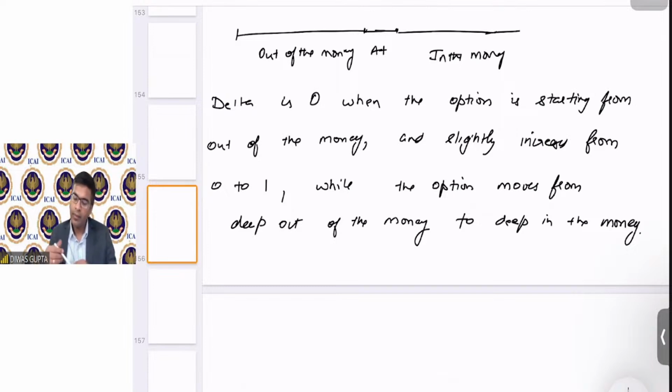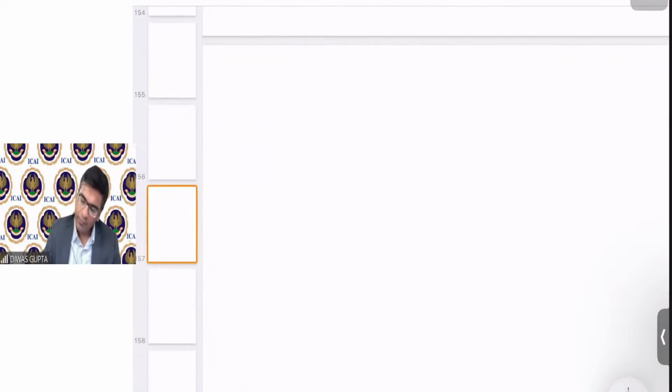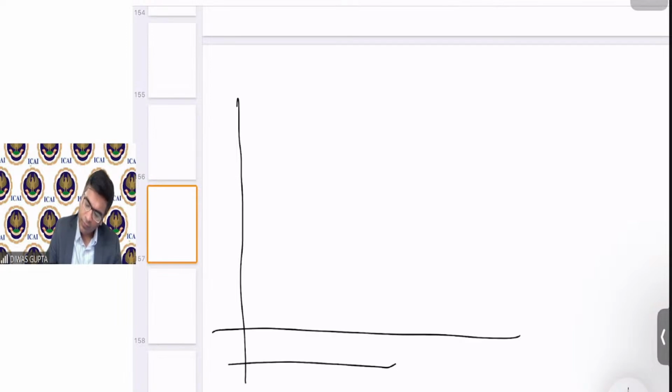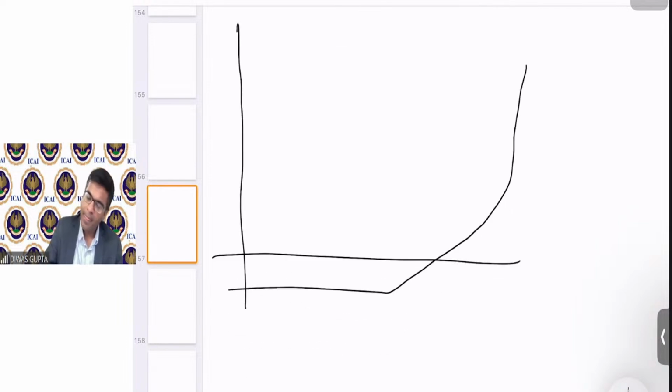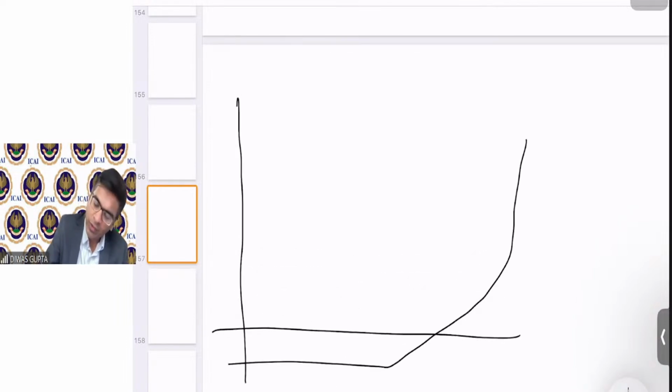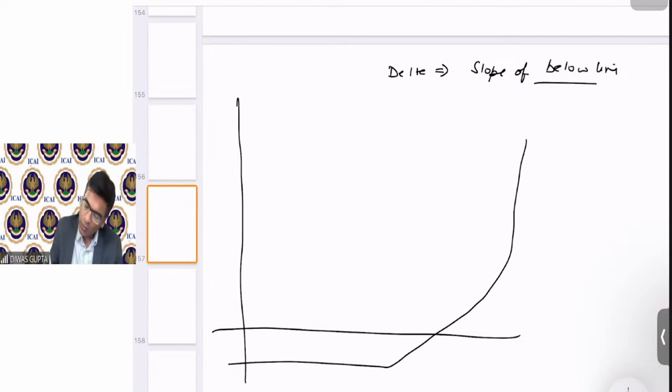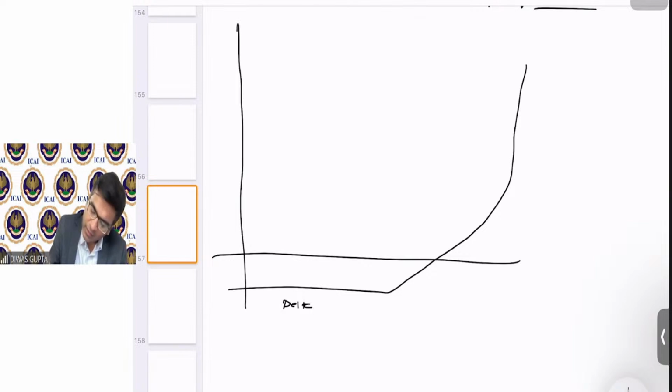So if you see, students, in this payoff, it is going like this, right? The diagram. Delta is what? Delta is actually the slope of the below line, correct? So if you see delta, while it is out of the money, which is equal to slope, is actually zero.